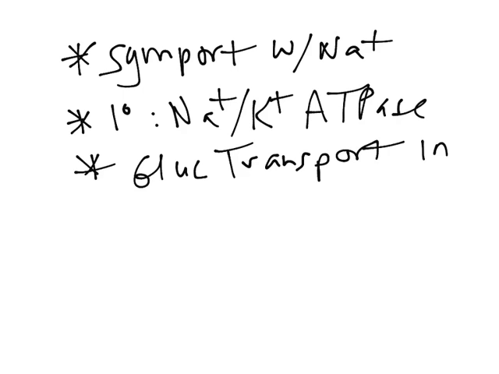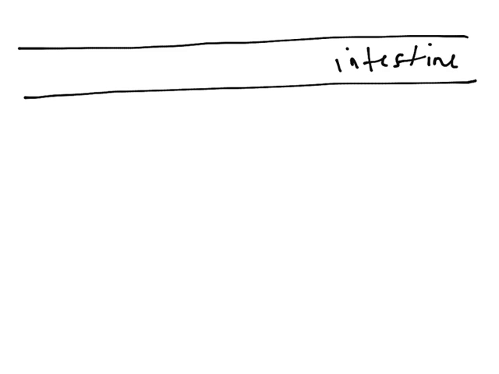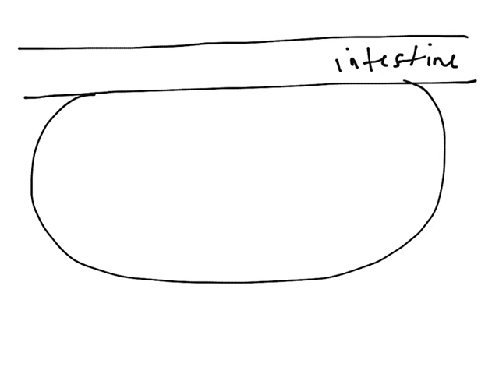So we could sketch this out to show what it looks like. This is going to hopefully not be too horrible. So here's my piece of my intestine. So this is the intestine. So this is where all of our nutrients are. And here is an epithelial cell lining that intestine.